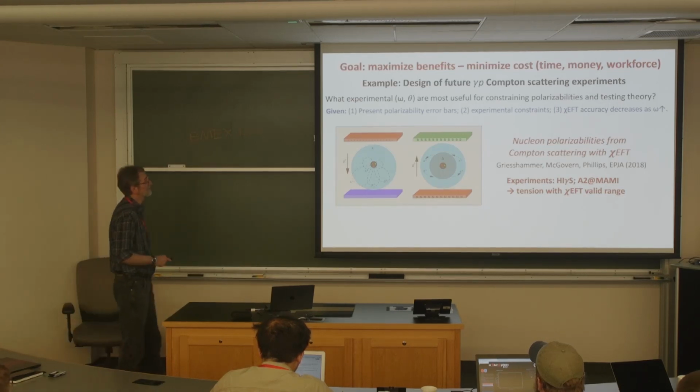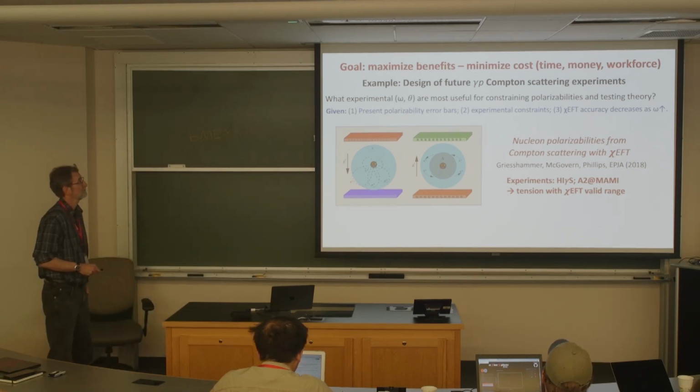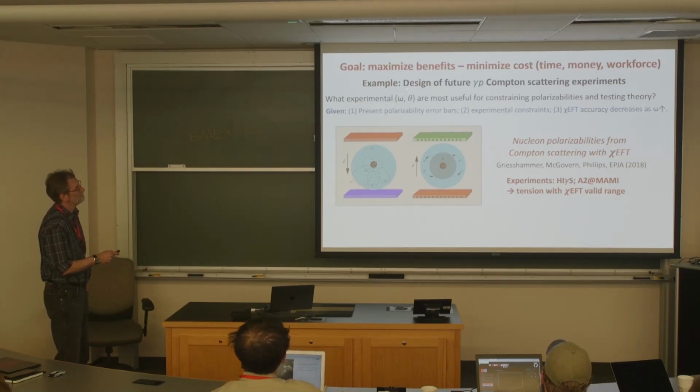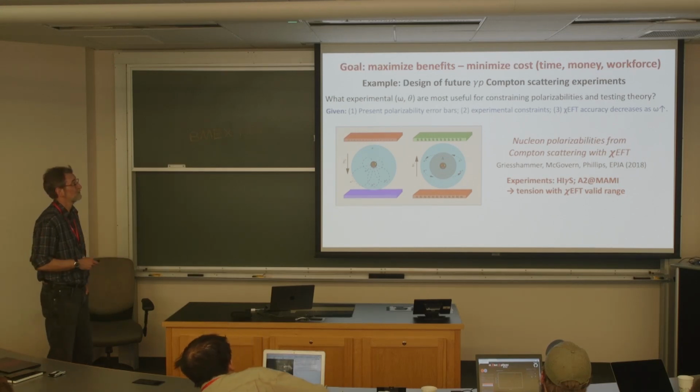So we want to characterize those very fundamental properties of the proton and neutron, these polarizations. What do we know? Well, what are we trying to do? We want to know what beam energy and what angles are most useful for measuring this.